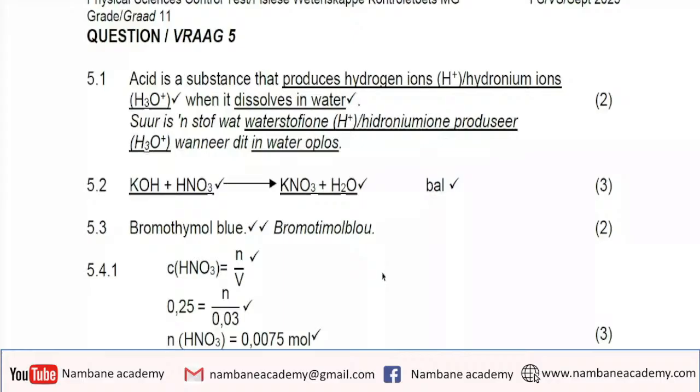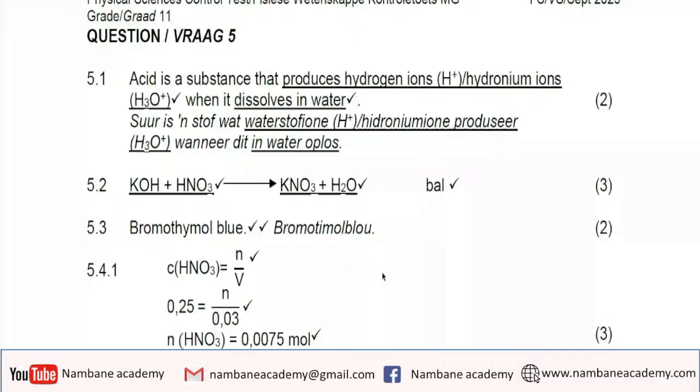So the first mark goes to the writing of the reactants in any order. It does not have to start with KOH. In any order of writing the reactants, but with a plus, so both of them are there, 1 mark. And then there is that arrow that shows we are producing salt and water.